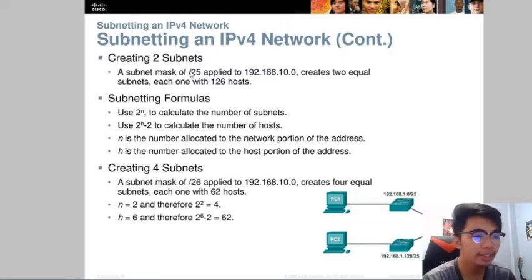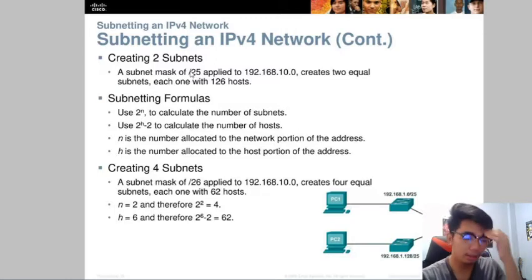Then the subnetting formulas. Use 2 raised to n to calculate the number of subnets, then use 2 raised to h minus 2 to calculate the number of hosts, where n is the number of bits allocated to the network portion of the address, and h is the number of bits allocated to the host portion of the address.